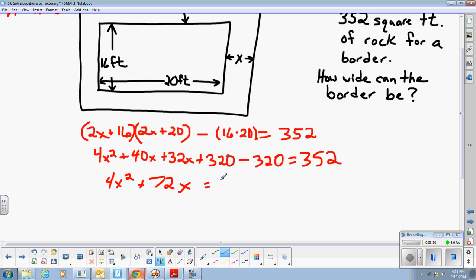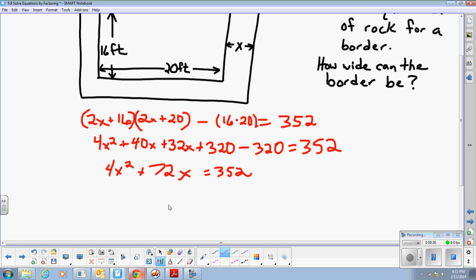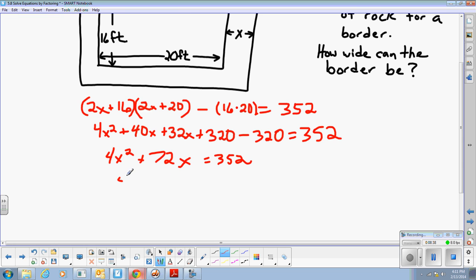That equals 352. I want all my terms on the one side to create a trinomial: 4x squared plus 72x, and I will subtract off 352 to set it equal to 0.